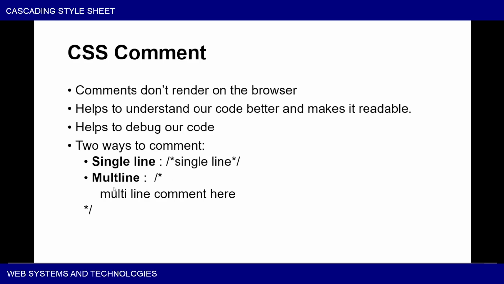Okay, when it comes to multi-line, it's basically the same. However, you're just going to put the ending of the comment after your last line of comment. Let's say multi-line: you basically say, okay, this is the part where blah blah blah, and you have multiple lines used for comments.